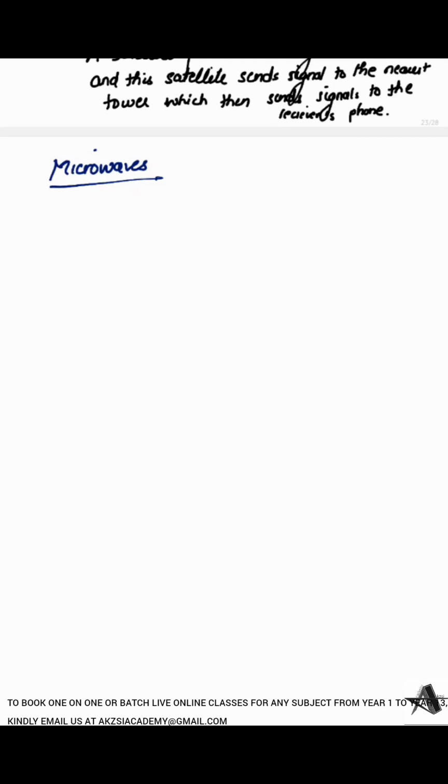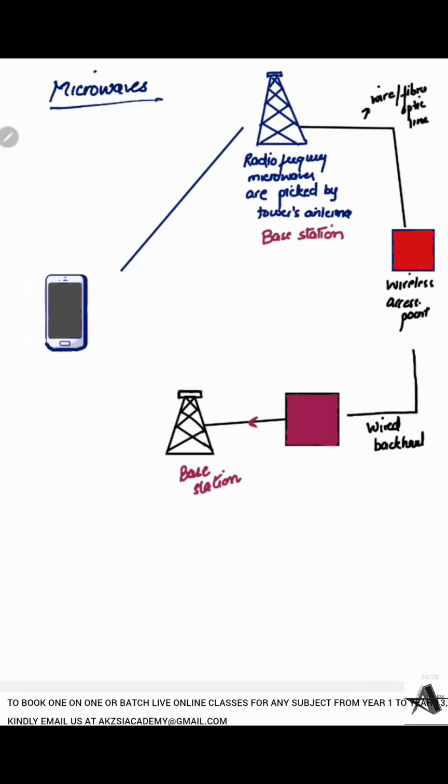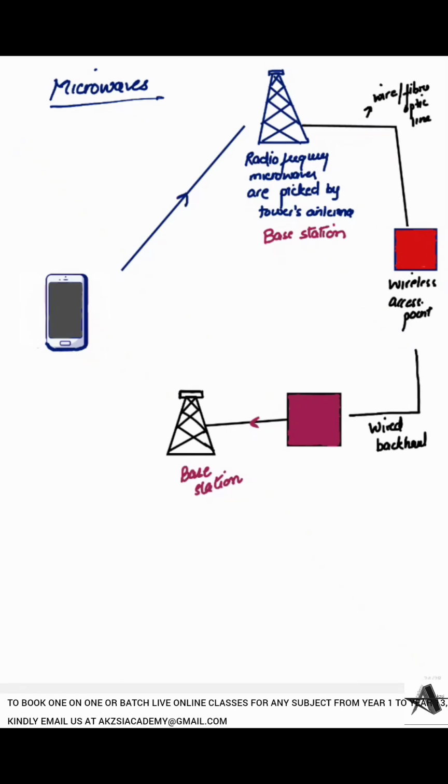Now let me see how mobile phone communication takes place. See the working, how exactly it happens. Basically the signals from the cell phone are given off as soon as you make a call, send any message, or even turn on your mobile. The code or the message is sent to the nearest base station, and then these signals, by wire or fiber optics, are sent to the wireless access point.